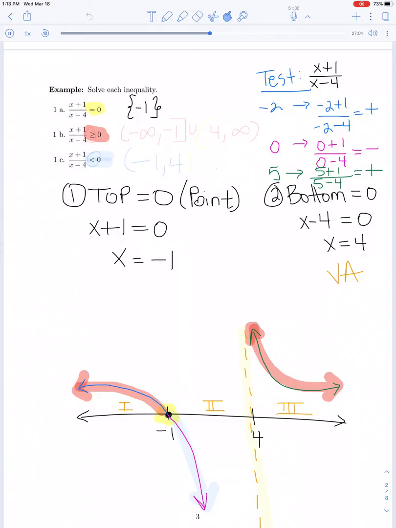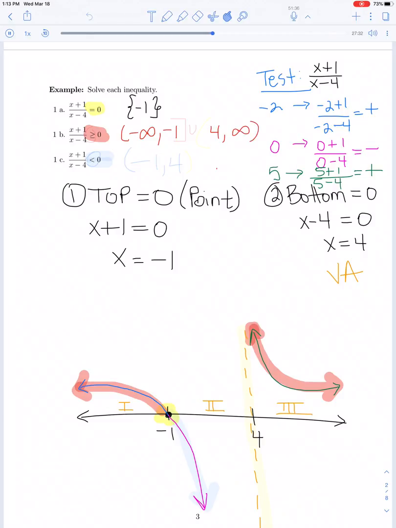So how do I write that out? I have to start with the first region because I'm reading this from left to right. So I'm going to start with -infinity on the left and work towards -1. And then my other part is region 3, which starts at 4 and goes towards positive infinity.